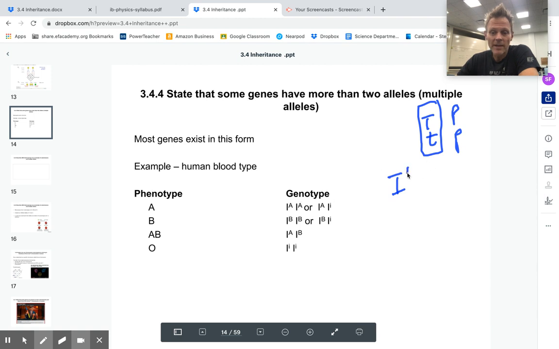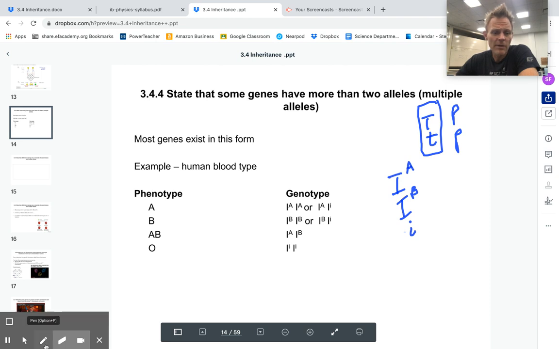So you have the allele for blood type A, you have the allele for blood type B, and the third allele is just either a little i, or sometimes I've seen it down like here, where you have the I plus the little i. I normally just write the little i. But those are the different notations for the alleles. So 1, 2, 3 different alleles. And those combinations we're going to talk about in a second.